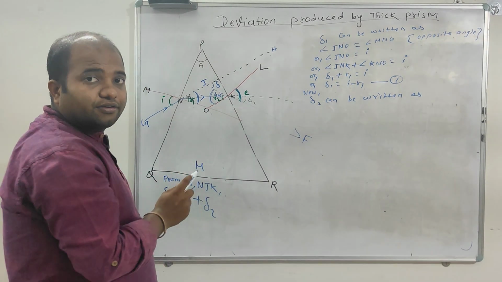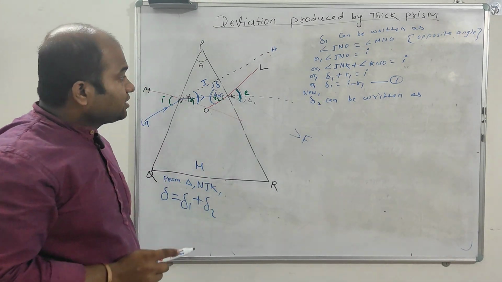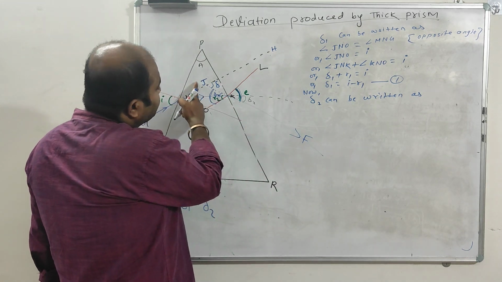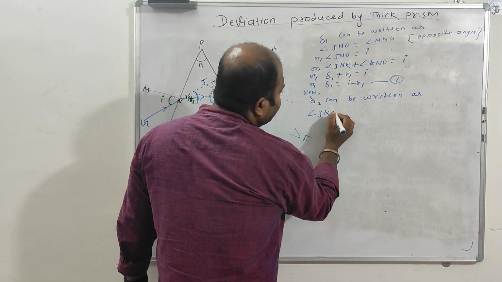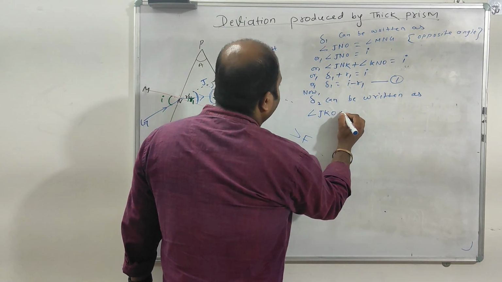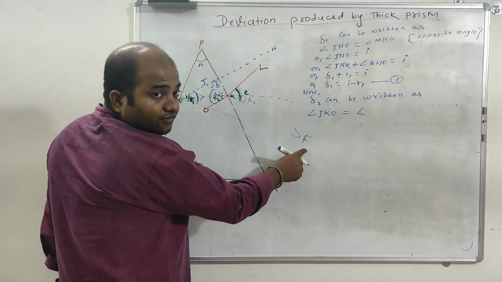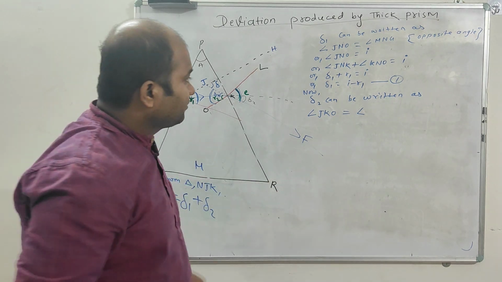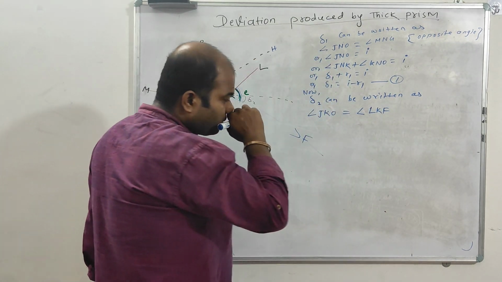You are getting this? So angle JKO is equal to angle LKF.